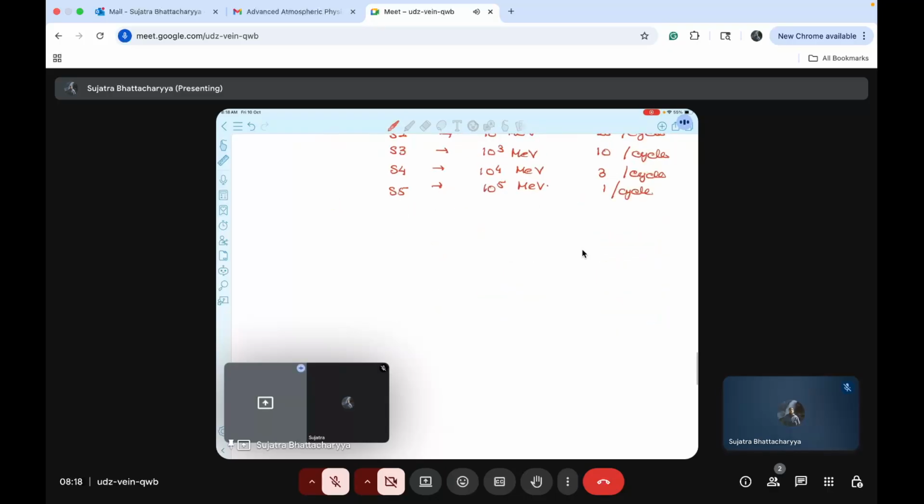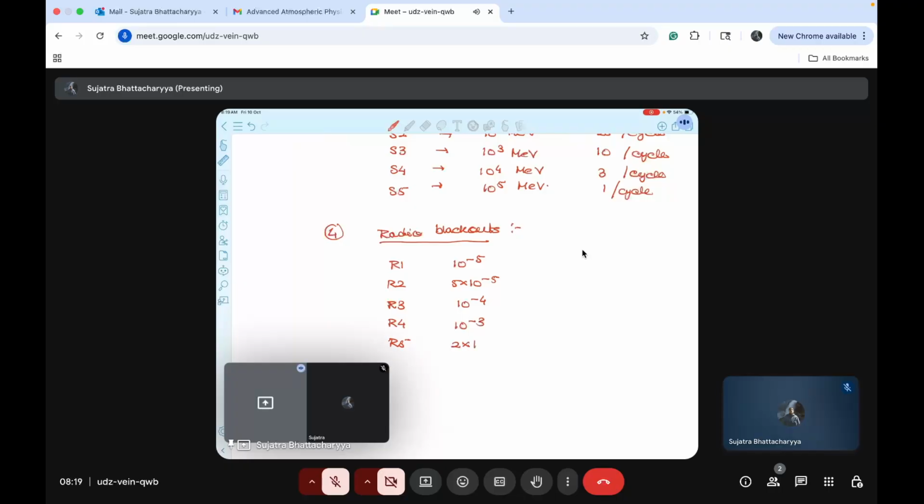Okay, and the fourth one is the radio blackouts. So radio blackouts will be based on your X-ray intensity. So you have again R1 to R5. Okay, so 10 to the power minus 5, 5 into 10 to the power minus 5, it will be increased, 10 to the power minus 4, further increase.